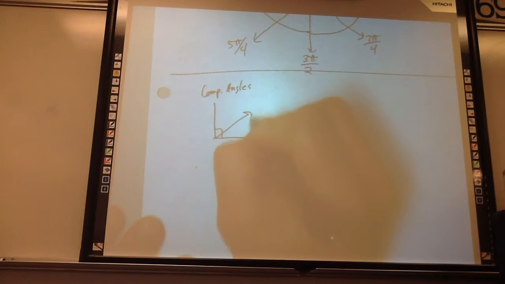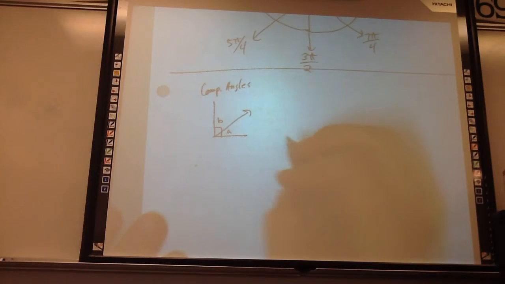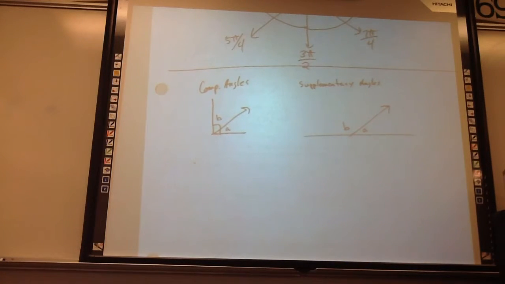Here's A, here's B. A and B equal 90 degrees. Those are complementary angles. Remember supplementary angles? Those add to 180 degrees, but now we're going to do complementary and supplementary angles in radians.